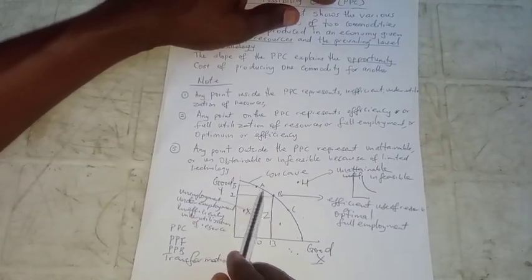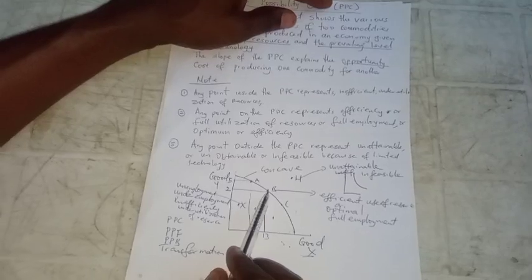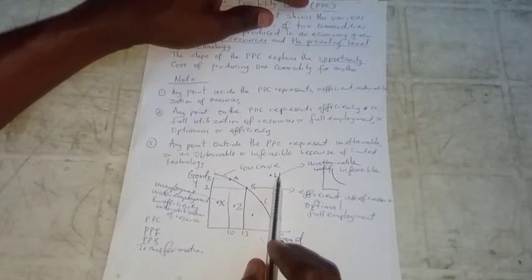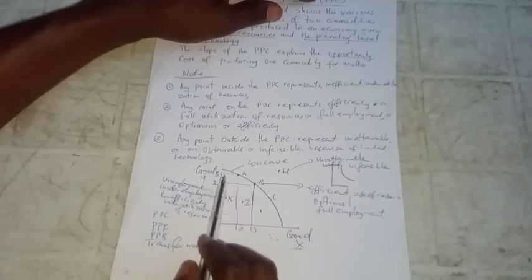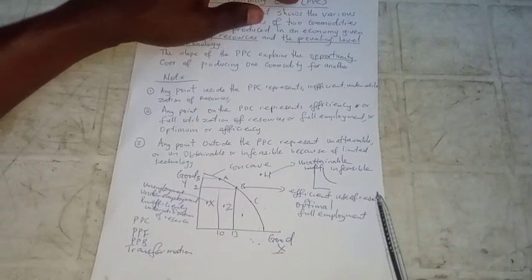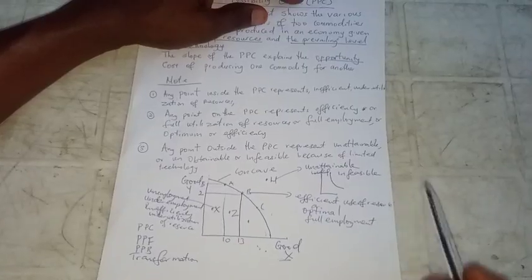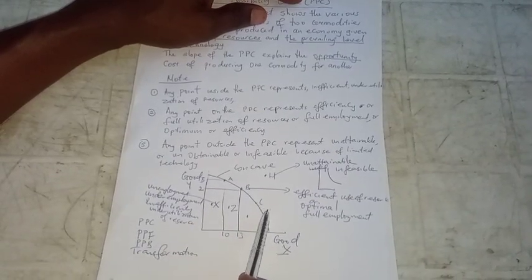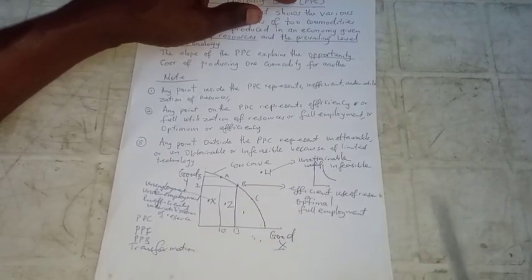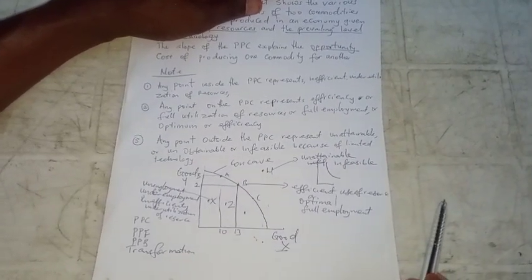That means you have worked efficiently. This point W means if they ask you to produce 1 million bags, you cannot get to that level. Maybe because you are operating on less technology. Maybe you are using cutlass and hoe in the farm. You get the point now. That technology is too low to achieve 1 million bags of cassava.